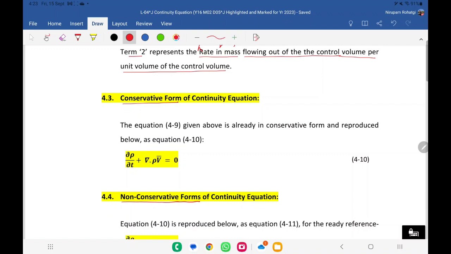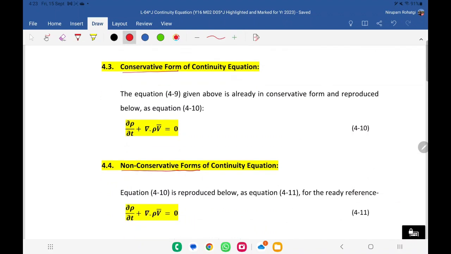So we will talk about it later on, what is the advantage of this, or what is the difference between the two, physically. At the moment you can say which one is the conservative form. So this equation which you have got is already in the conservative form.